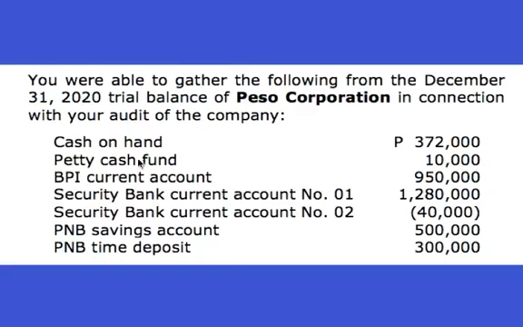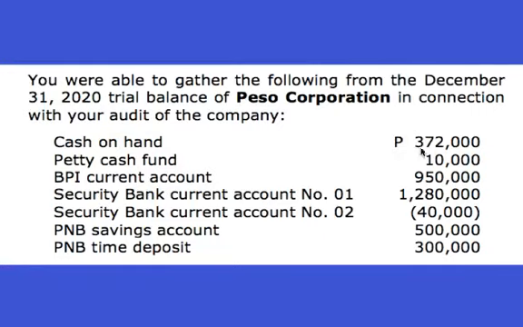Ang main requirement dyan, yung total cash and cash equivalents. Part of the requirements are adjusted cash on hand, petty cash, BPI current account, and then the total. Number 1, in relation to cash on hand.